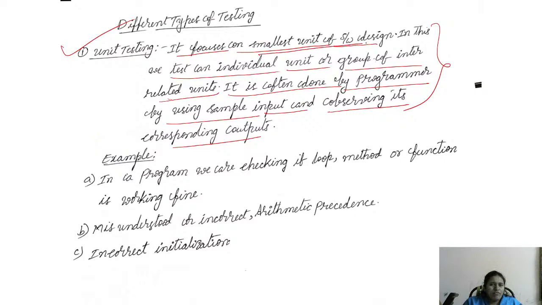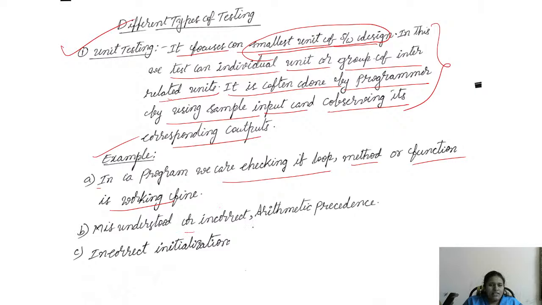In a program, we check whether an if loop, method, or function is working fine. If we check only one loop, one method, or one function, that is called unit testing.